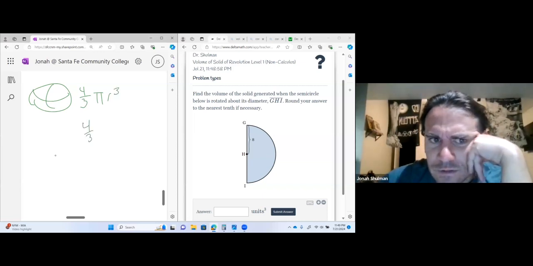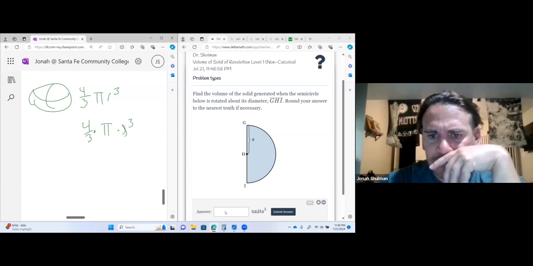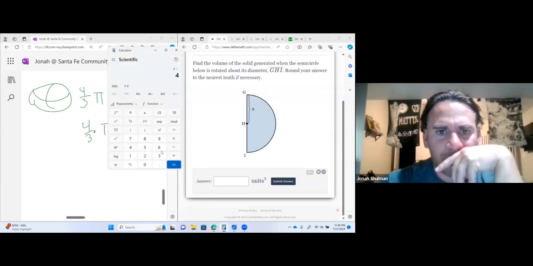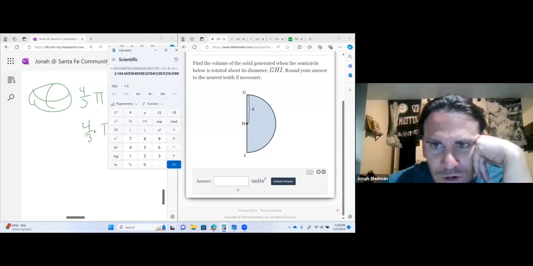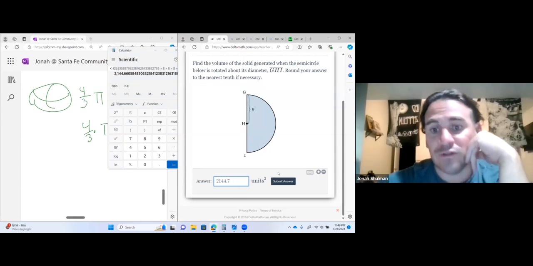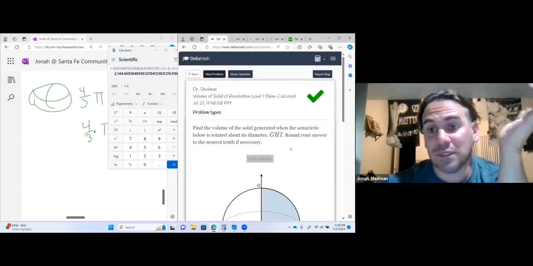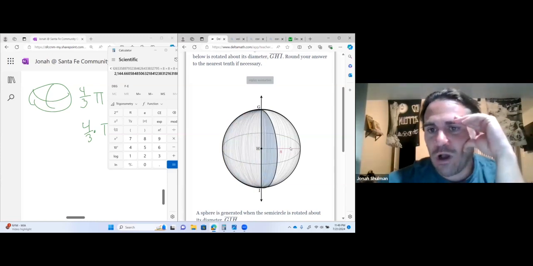So it's 4/3 times pi times 8 cubed. 4 divided by 3 times pi times 8 times 8 times 8. 2144.7. These are tough ones because you have to visualize it spinning. Nice. Whoa.